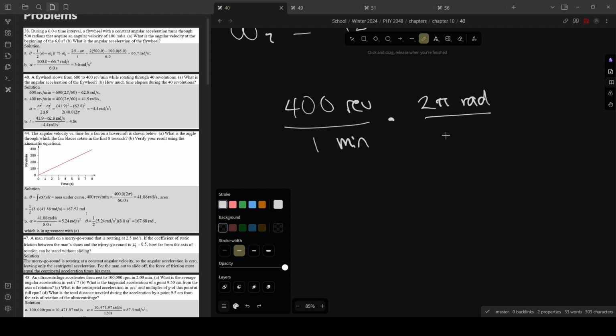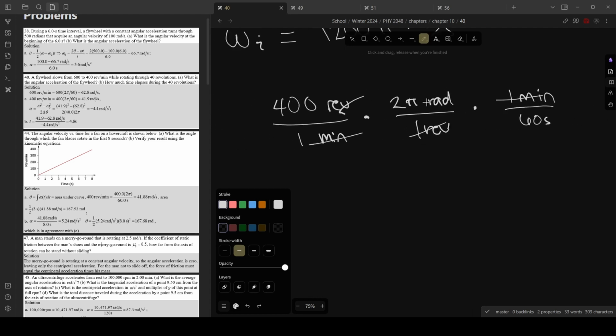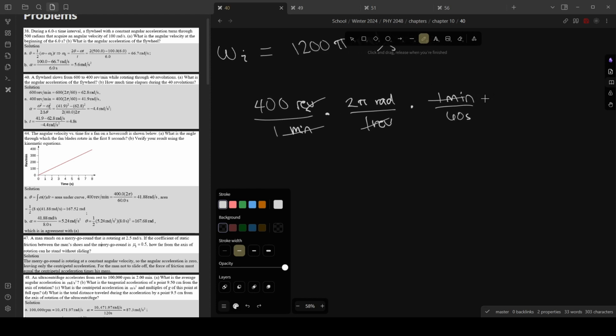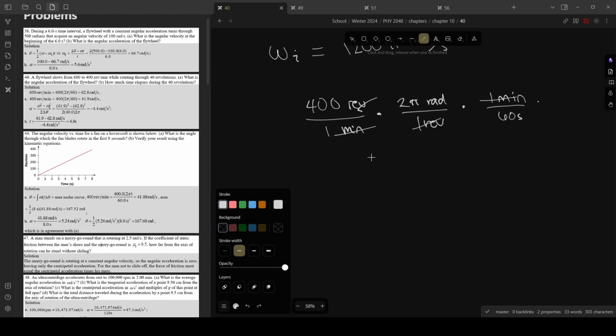So then 2 pi radians is 1 revolution. And we also have to cancel minutes with 1 minute equals 60 seconds. Boom, boom. We have radians and seconds. Hopefully you're seeing how this is becoming pretty straightforward. So omega final equals 400 times 2, which is 800, times pi.